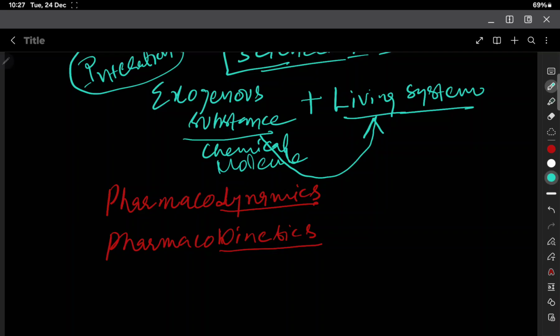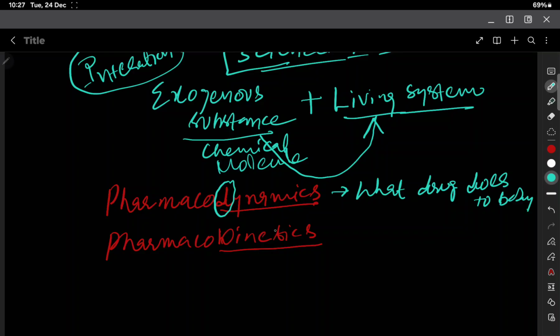You can remember from the D that D means drug. What does the drug do to the body? When we take the drug, what that drug does to the body, that is called pharmacodynamics.